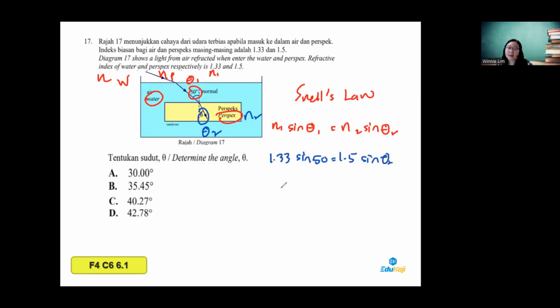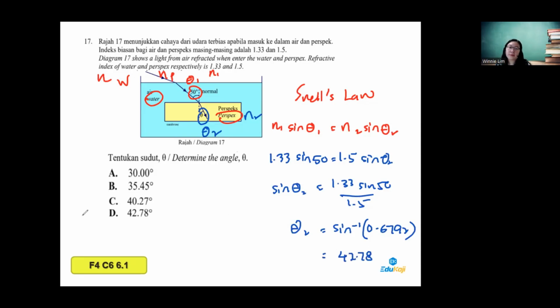My concept is to find sine theta 2, so sine theta 2 is 1.33 sine 50 divided by 1.5. So theta 2 is what? You press the calculator, shift sine, everything that you have here, after you calculate it is 0.6792. Then you will get the answer in terms of angle of 42.78, which is D.